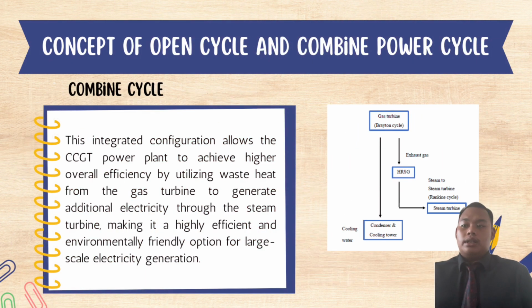Then the combined cycle is an integrated configuration that allows the CCGT power plant to achieve higher overall efficiency by utilizing waste heat from the gas turbine to generate additional electricity through the steam turbine, making it a highly efficient and environmentally friendly option for large-scale electricity generation.